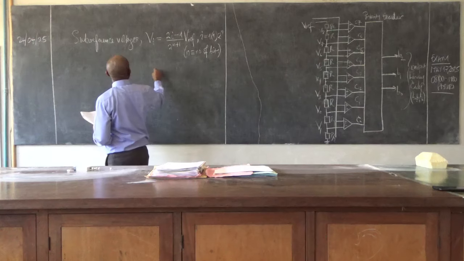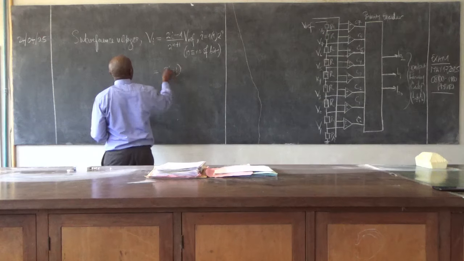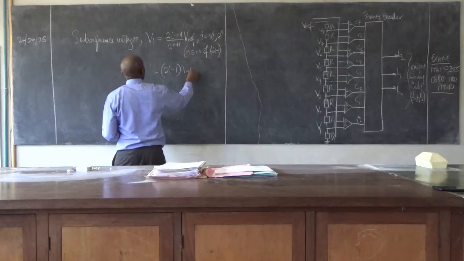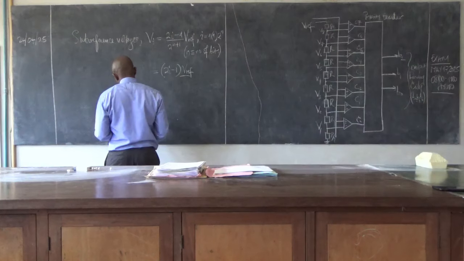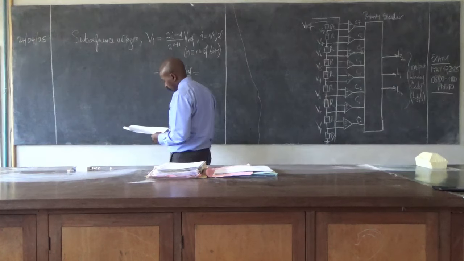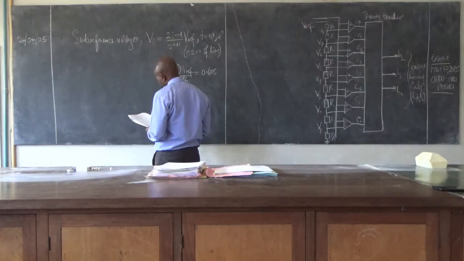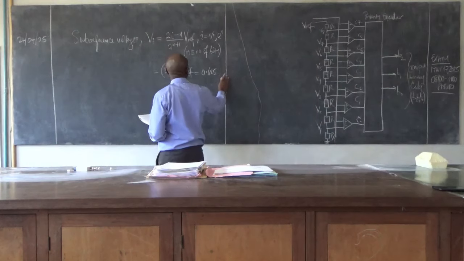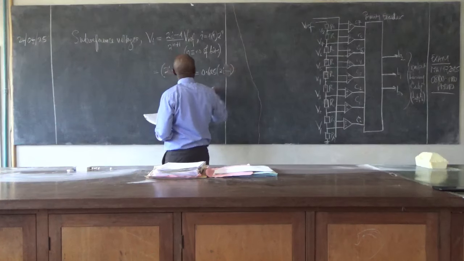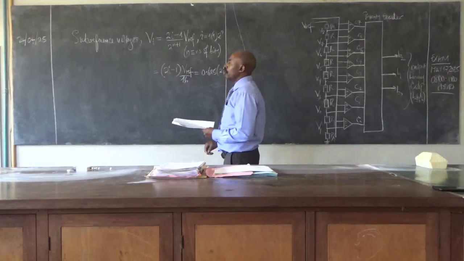And in this case we have V reference over 16, which is the same as 0.0625, times the 2I minus 1.